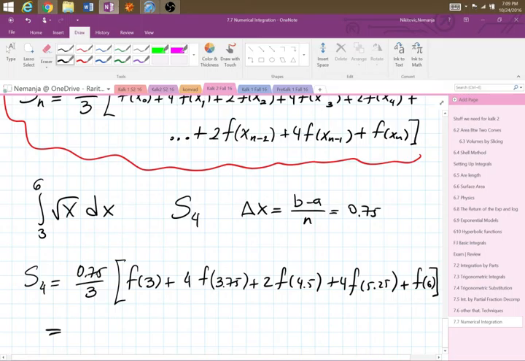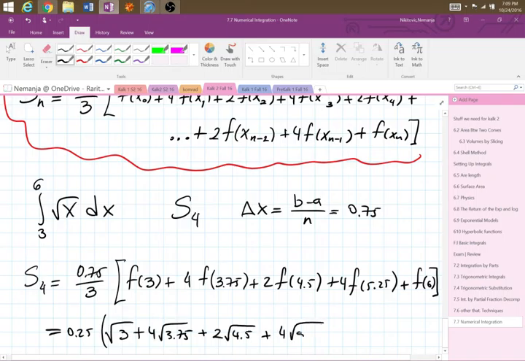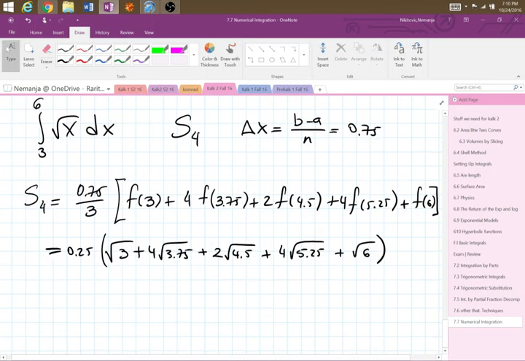Which is 0.25 times square root of 3 plus 4 square root of 3.75 plus 2 square root of 4.5 plus 4 square root of 5.25 plus square root of 6. And now you will use your trusty calculators to give me the answer once you're done computing.